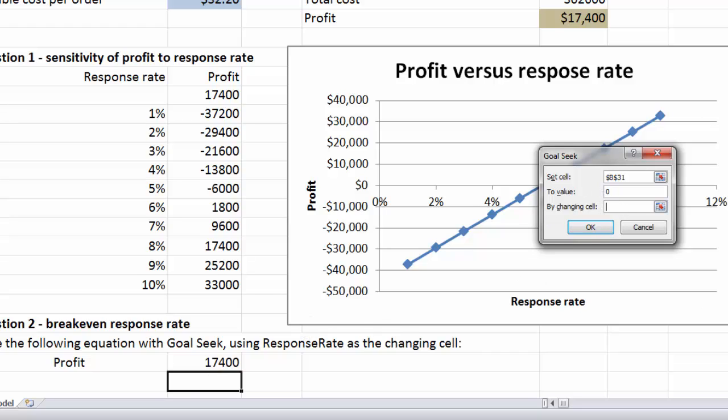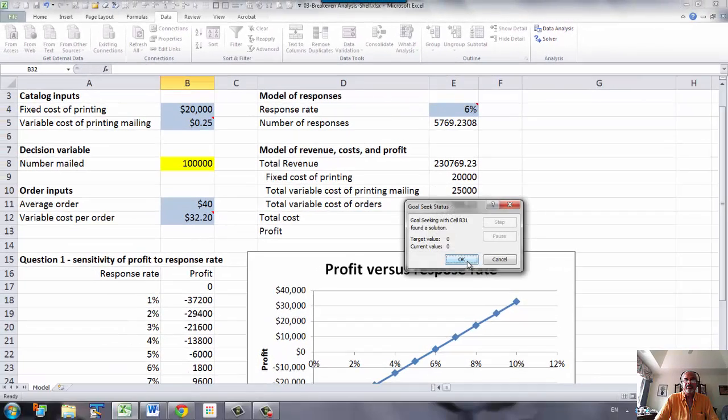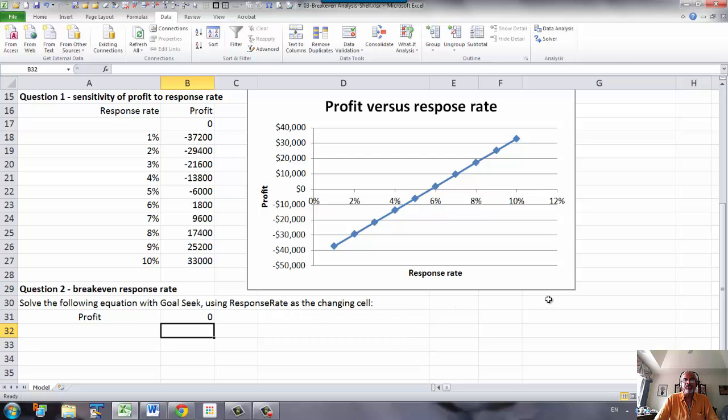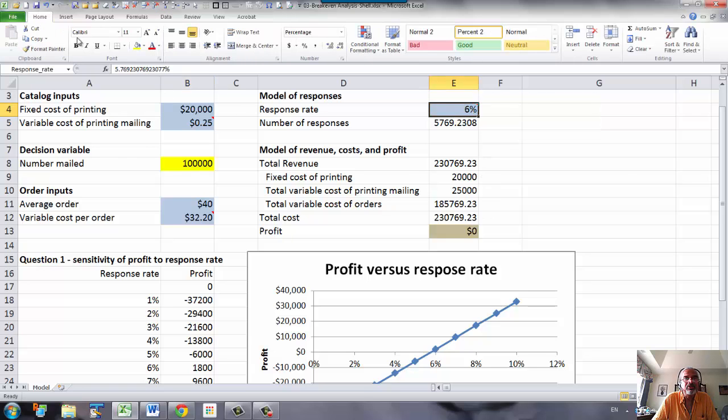And you want to do that by changing the response rate, so the response rate is your by-changing cell. When you click OK, Excel figures out at what value for that cell you'll get a 0 for profit. So that is your break-even response rate. This is probably not 6% exactly, so if you increase the decimal places, you will see at what precise response rate you will have a break-even point.